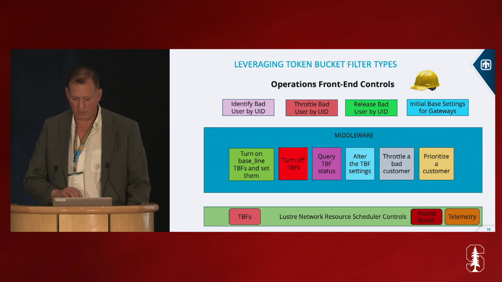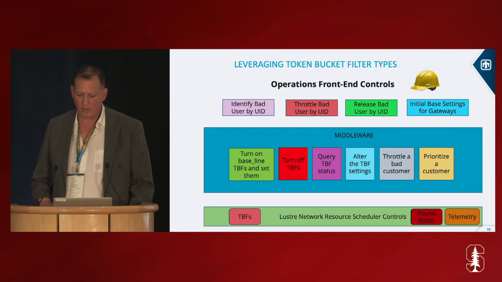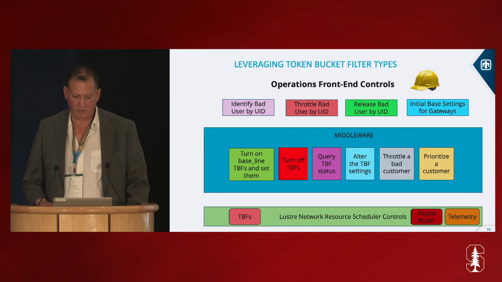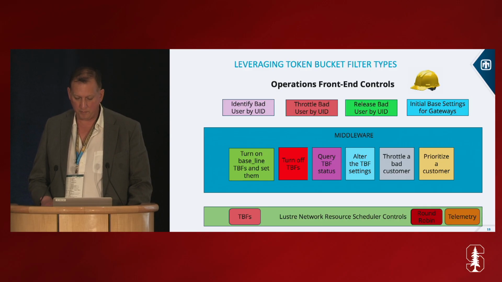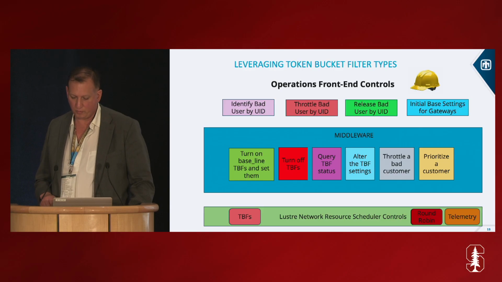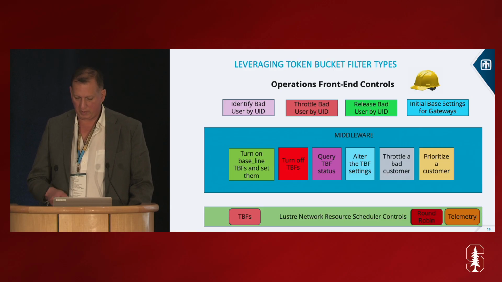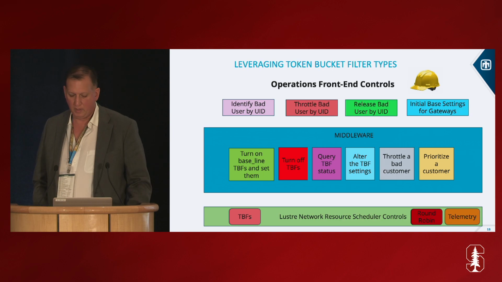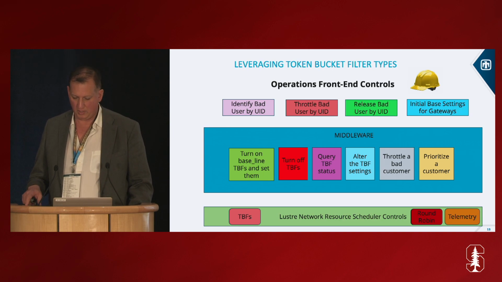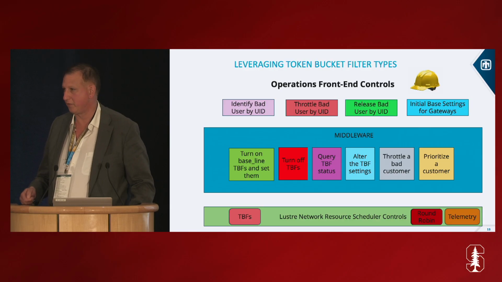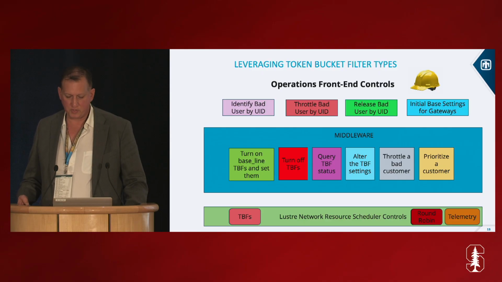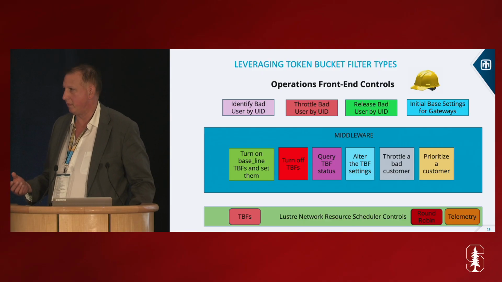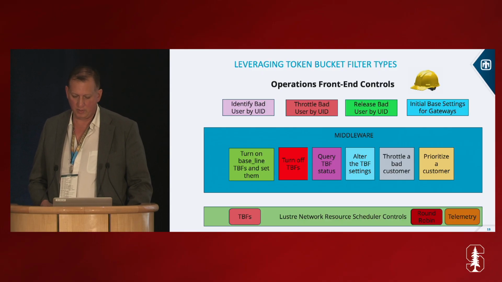So I put in a layer of middleware, so somebody that wasn't an expert in the file system could say, oh, I identified a bad user, I want to throttle that user, and then he would make a call to the middleware through a front end, and make a change to that person. Also, if we have a file system full restart or something, the initial rates don't come in until you initialize them.